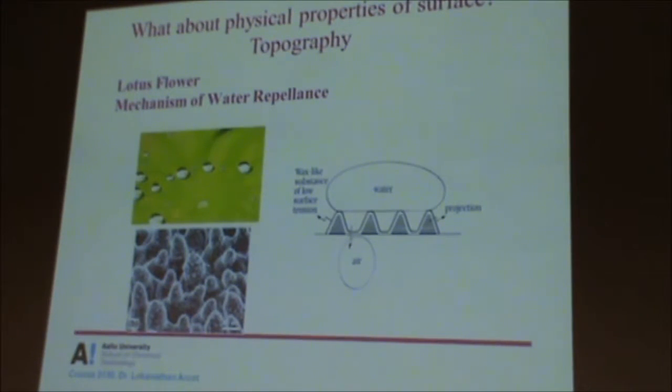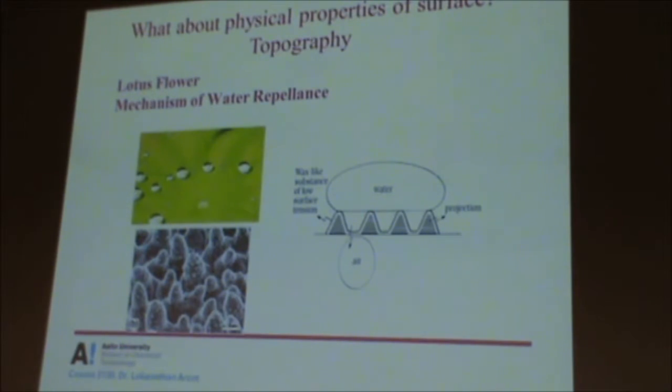Now if you take a lotus leaf, you have these protrusions that cause surface roughness. And when you put a drop of water, the reason why the contact angle is very high is because there is an air lock in between. And so the part of the surface that the solvent is interacting with is actually not the surface itself, but the air.